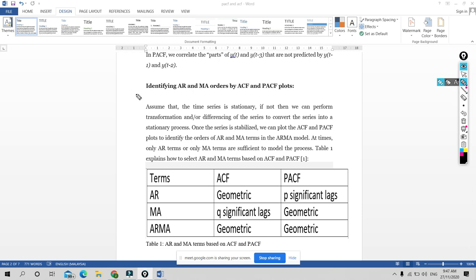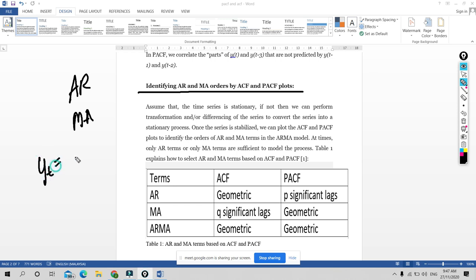So kalau MA1, MA model, it depends on the error. Y_t equal to, I change the symbol here, let's say I change to pi naught plus pi_1 epsilon_{t-1} plus epsilon_t.